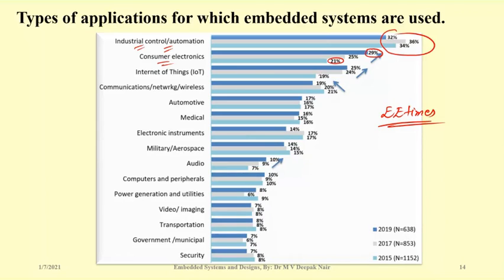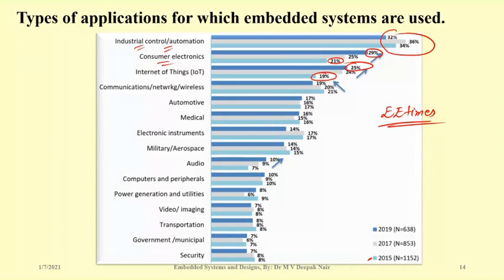Again, there is a huge demand in IoT also. From 19% in 2015, when 19% of engineers were working in IoT, now almost 25% of engineers are working in IoT related jobs. So there again you can go and design something related to IoT.